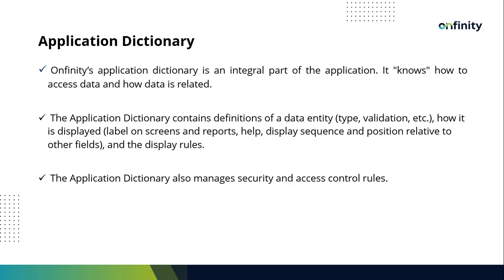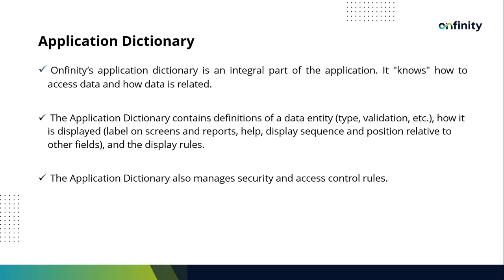The application dictionary also contains definitions for the data entity, such as data types, the type of control displayed on the user interface, validations for data displayed on the user interface, and how data or controls are displayed on the screen, which includes labels, reports, help, display sequence, the position related to other fields, and display rules. It's possible to control which fields are displayed to the user on the user interface using this data dictionary.